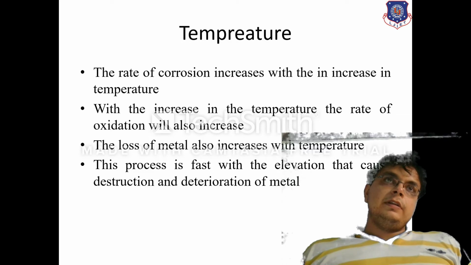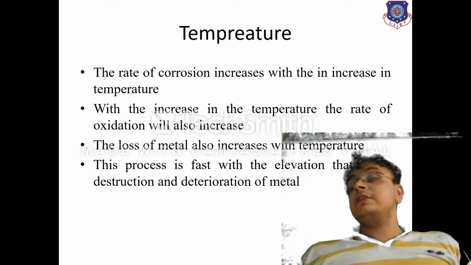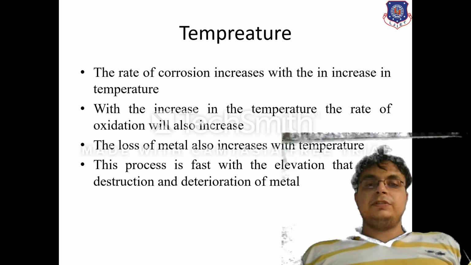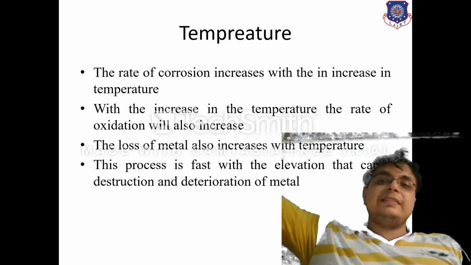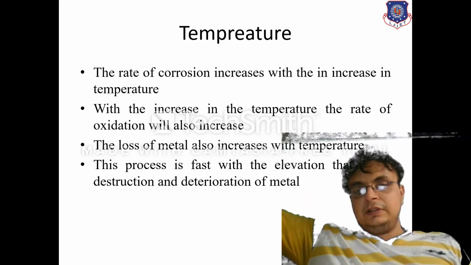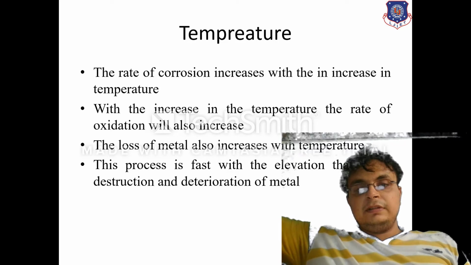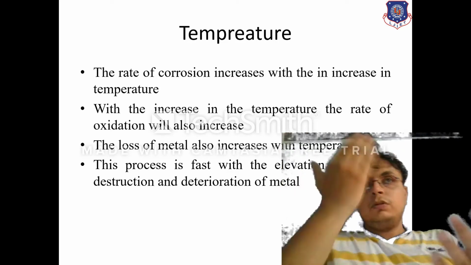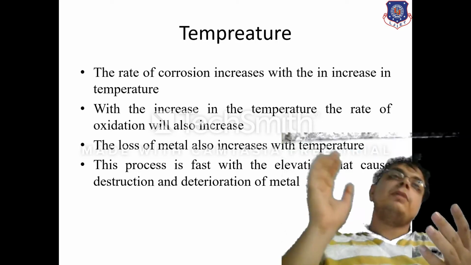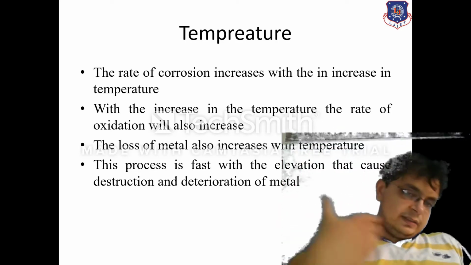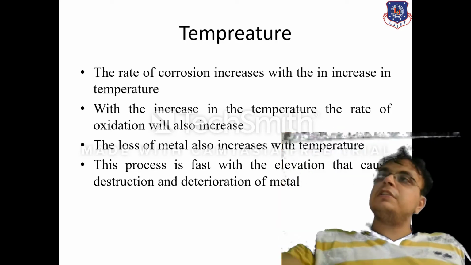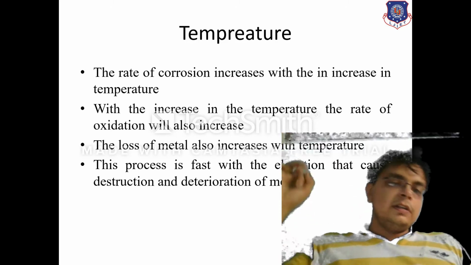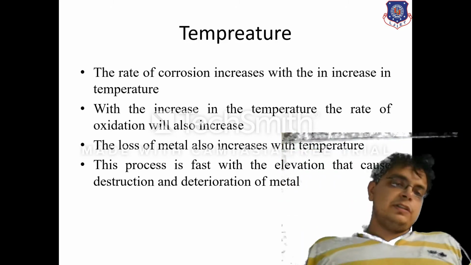Temperature. The rate of corrosion is very much dependent on the temperature. The rate of corrosion increases with increase in the temperature. With the increase in the temperature, the rate of oxidation also increases. We all know that corrosion is nothing but the oxidation of the surface. So if the temperature increases, the oxidation increases, and if the oxidation increases, then parallelly the corrosion will also take place.